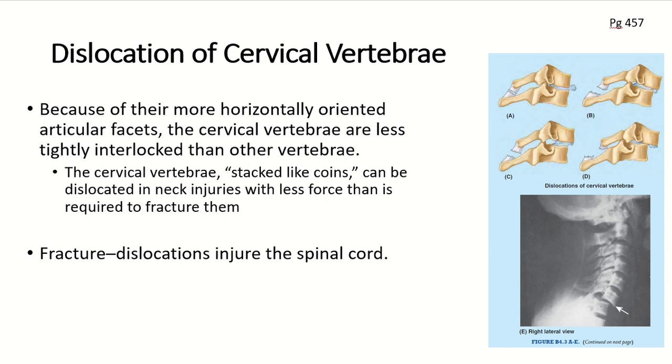And so, because of the large vertebral canal in the cervical region, a slight dislocation can occur here, and it is typically combined with a fracture dislocation that injures the spinal cord. If that dislocation doesn't result in a facet jumping, which you see here in B, where it's slipped and moving forward on the other, the cervical vertebrae may self-reduce or slip back into place.